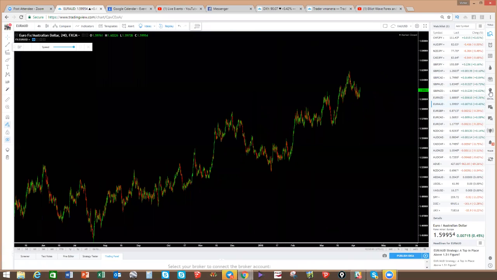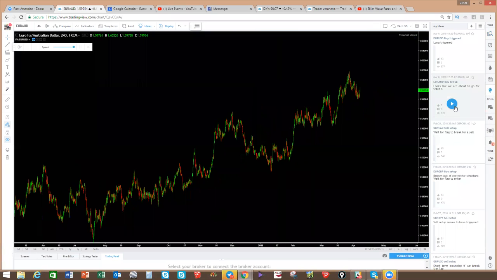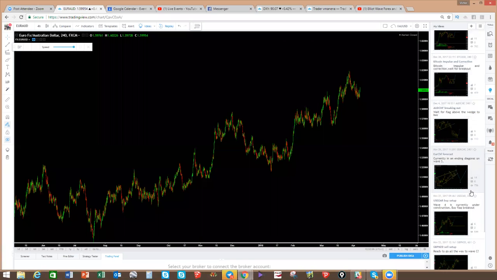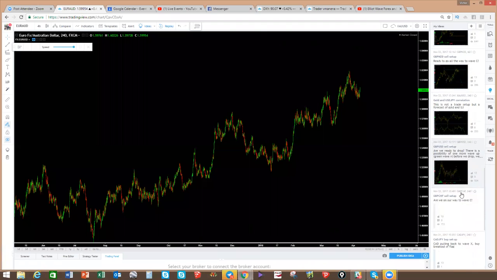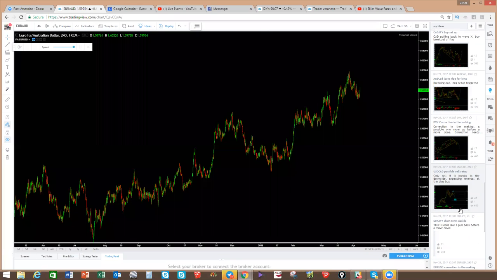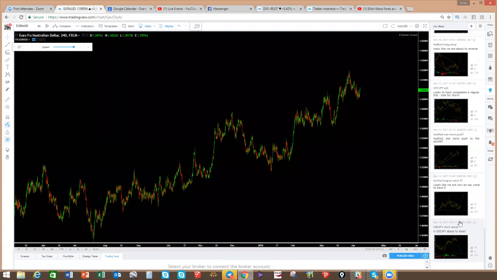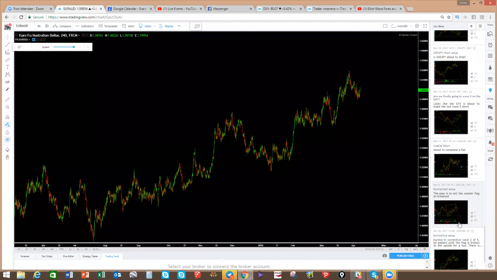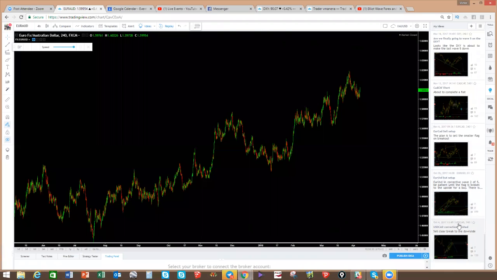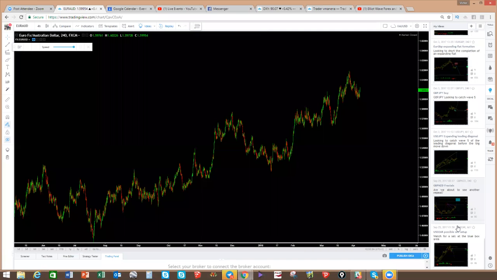So let me see if I can find that very first trade that I posted on TradingView on EURAUD, because this is a perfect example of how amazing wave theory works. I'm going to show you that, and what the next move is, what we're expecting, and why we've been bullish for over a year and a half.